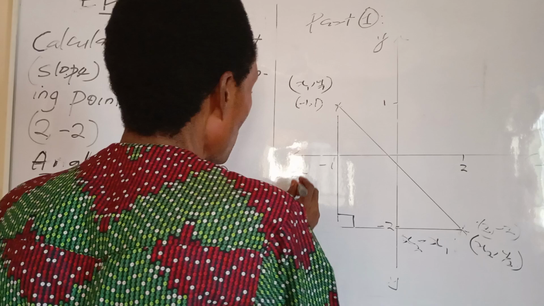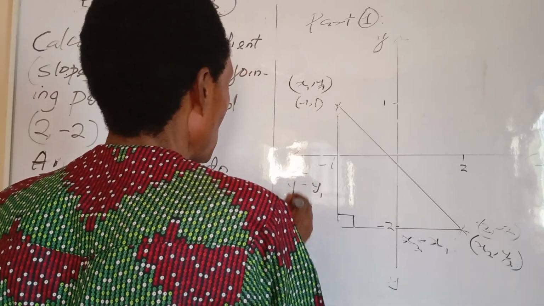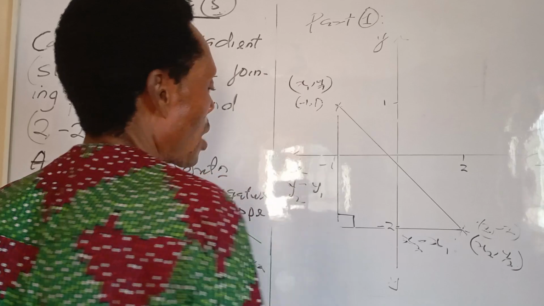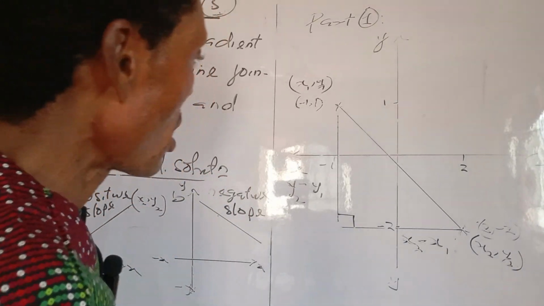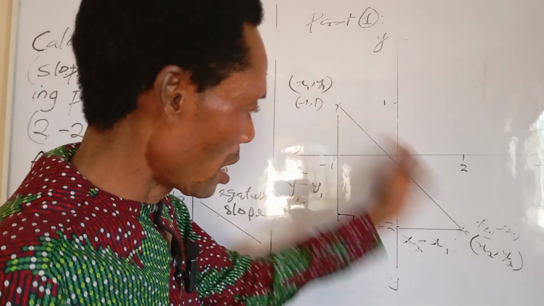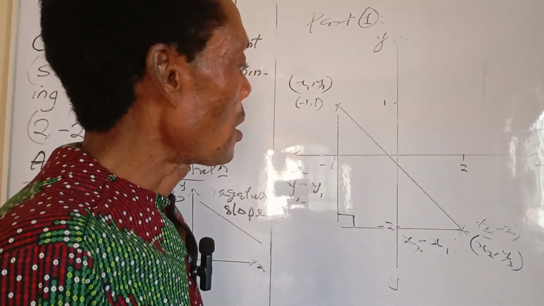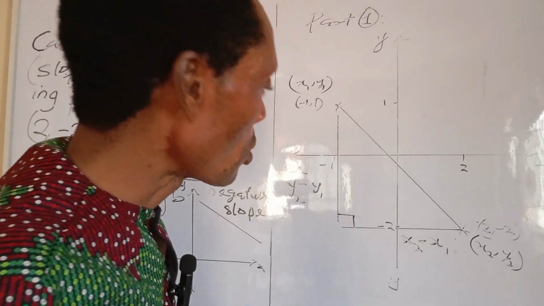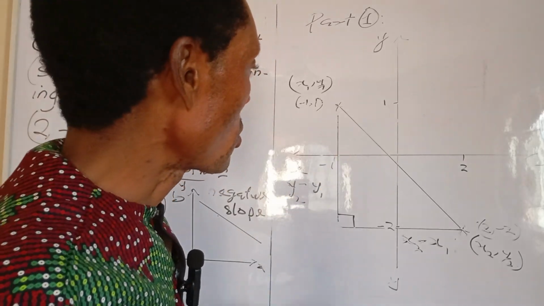This side will also be Y2 minus Y1. This is the right angle triangle that shows the gradient of a line. So we start with part 2 to calculate the gradient itself. So that is just it.